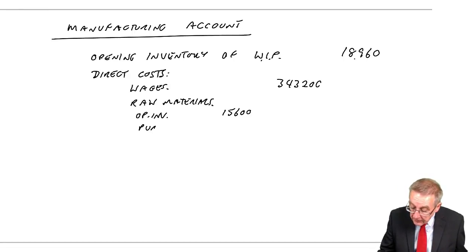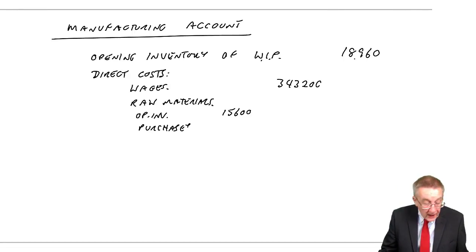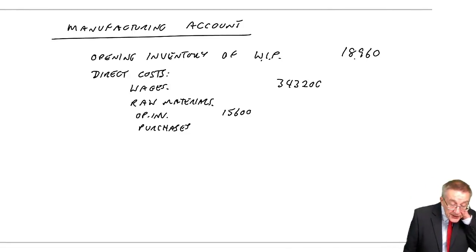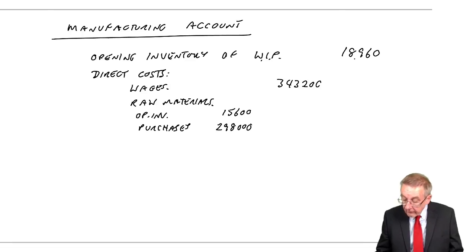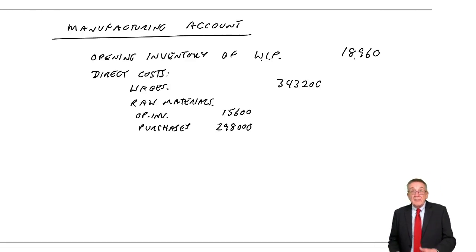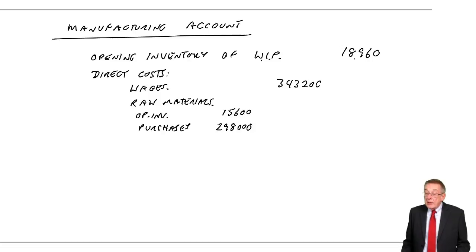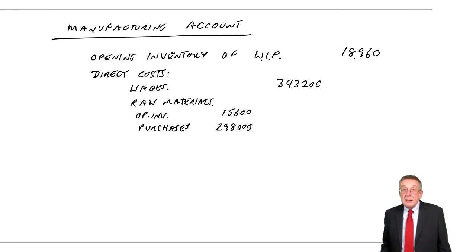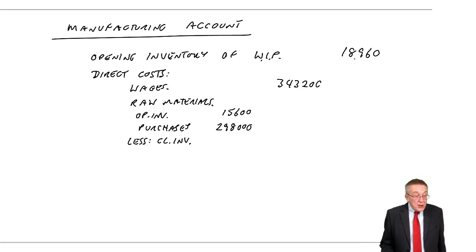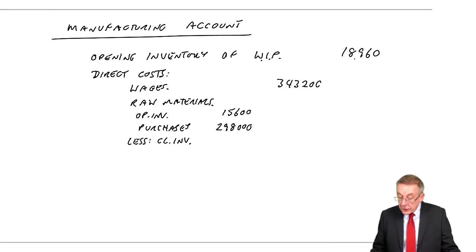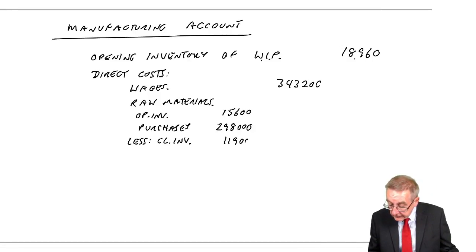We bought some more during the period. Look at the balances. The purchases were 298,000. So the two together is all the material we had. However, we didn't use all the material this period. So to get the material we actually used, we subtract the closing inventory of raw materials. And in note 1 at the bottom, the closing inventory was 11,900.